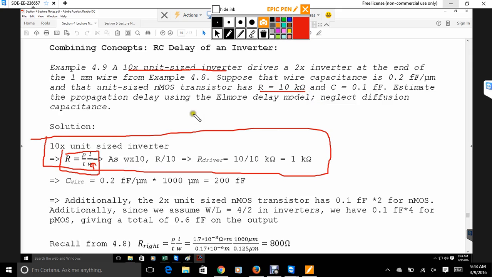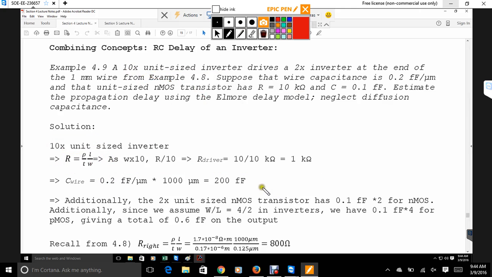We used this equation before to get 10 kilo ohms, and then we divide both sides by 10 because of 10x, because that's the width from down here. So the driver inverter has a resistance of 1 kilo ohm.